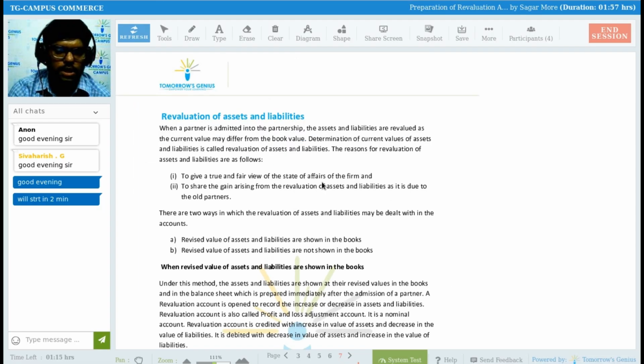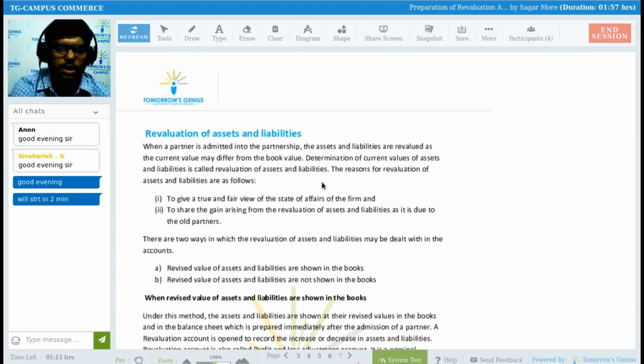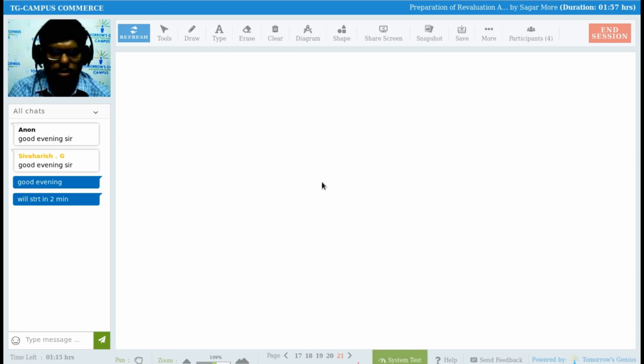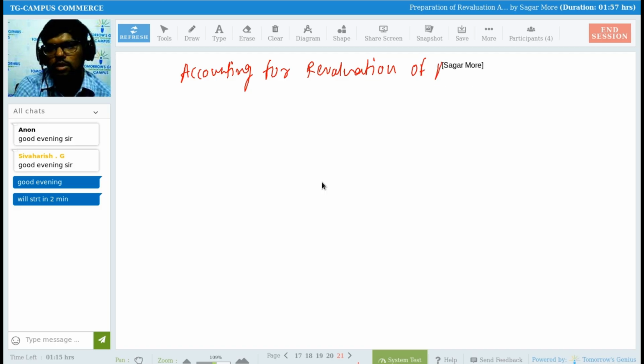Now we are going to discuss the next concept, that is revaluation of assets and liabilities. I'm writing on this blank page: accounting for revaluation of assets and liabilities.